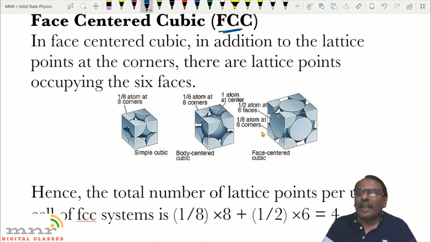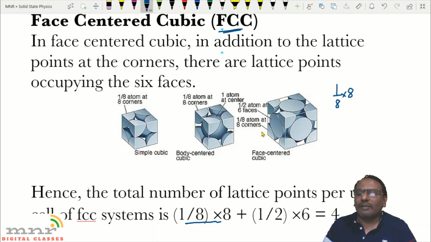Total 8 atoms at the 8 corners, 6 atoms at the 6 faces. The contribution of the corner lattice points is 1/8 of their value. So only 1/8 of the lattice point belongs to any particular unit cell. Totally we have 8 such corners.